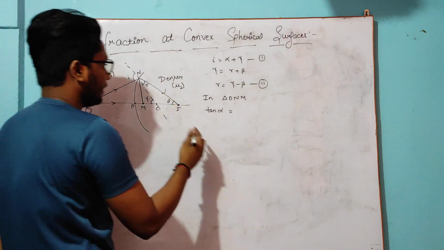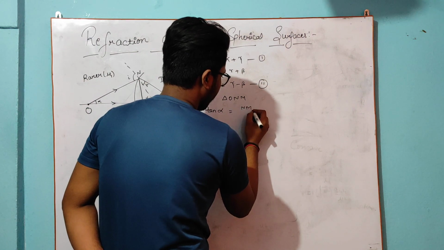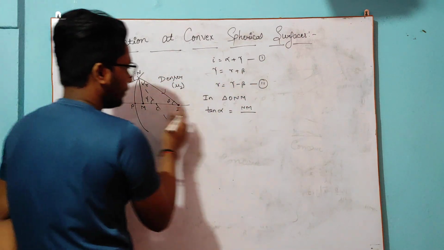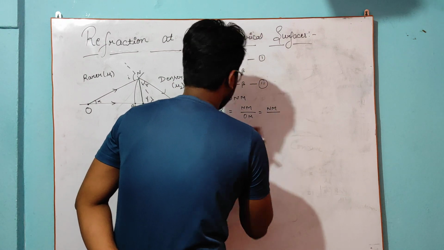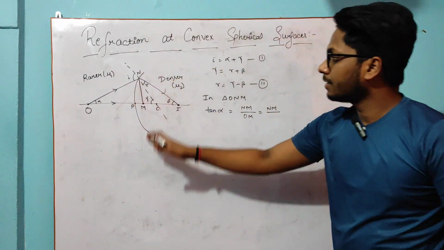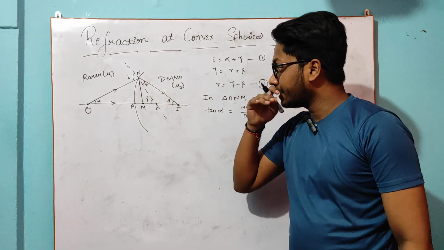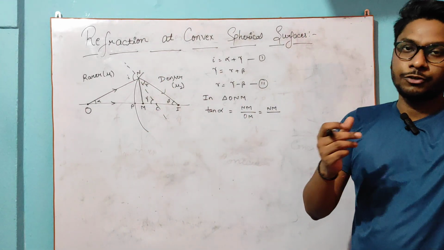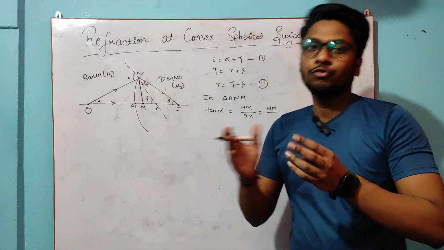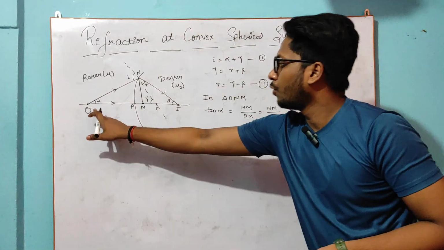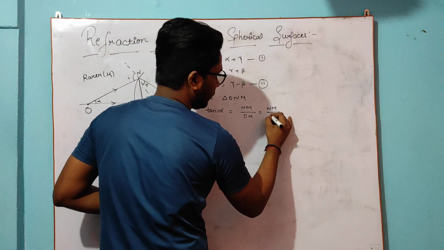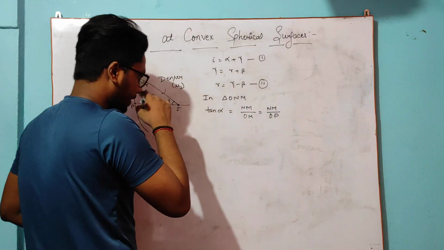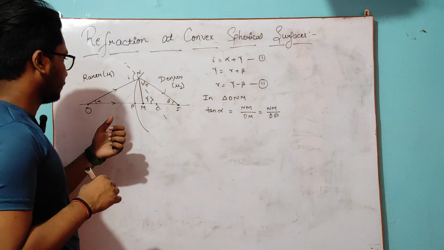The perpendicular is NM and the base is OM, so tan alpha is NM upon OM. Here the lens has a thin aperture, due to which M and P are very close to each other, and we consider OM equal to OP.